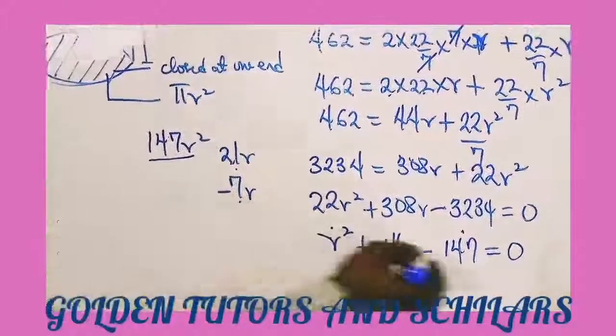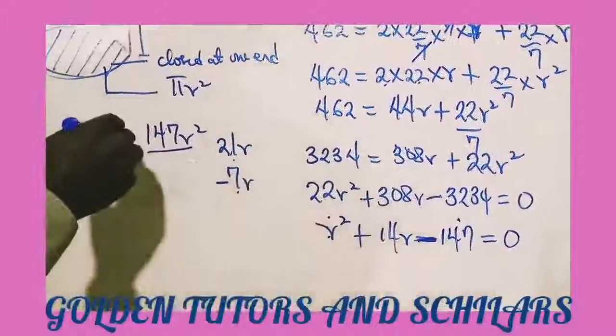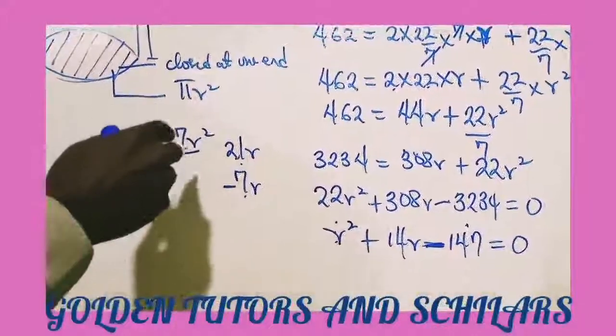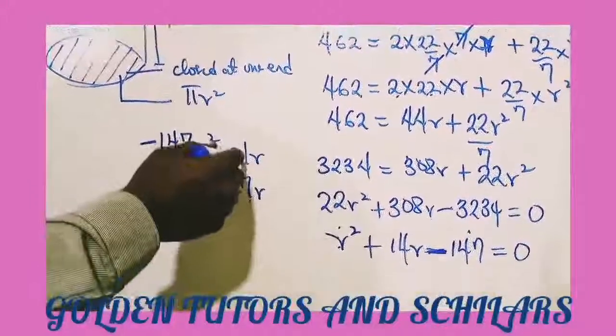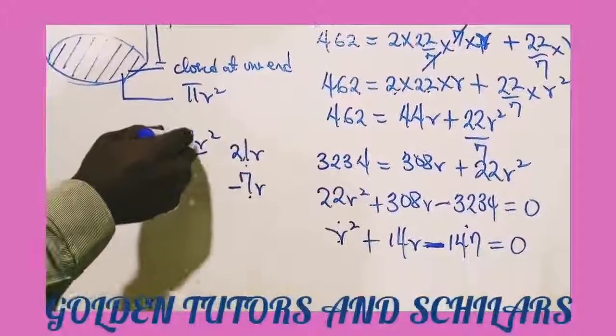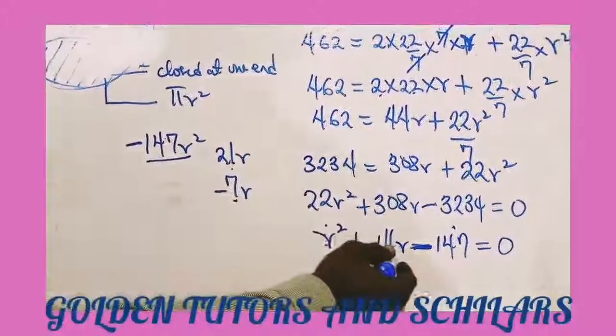Remember this is minus 147, so minus 147 times this will give you minus 147r squared. So 21r times 7r will give you minus 147r squared. 21r minus 7r will give you 14r.